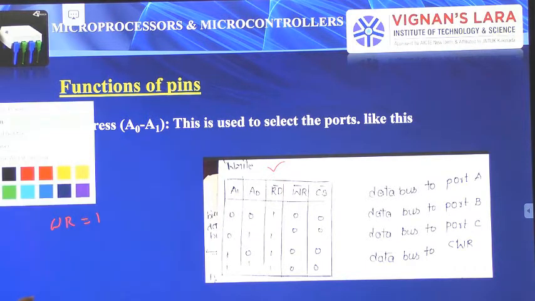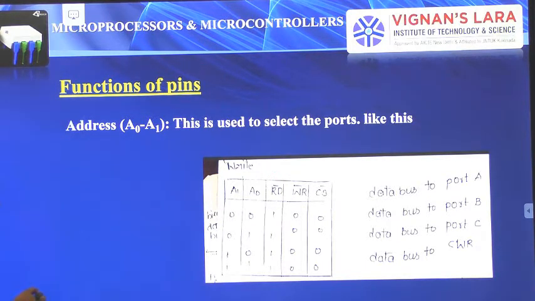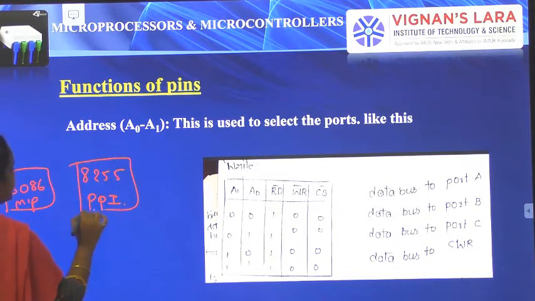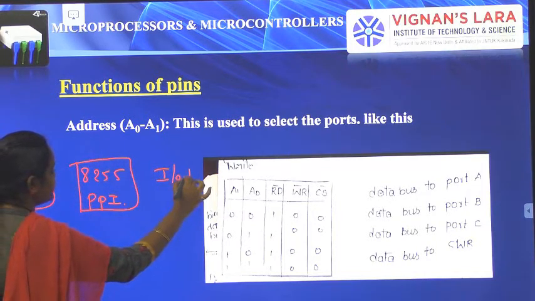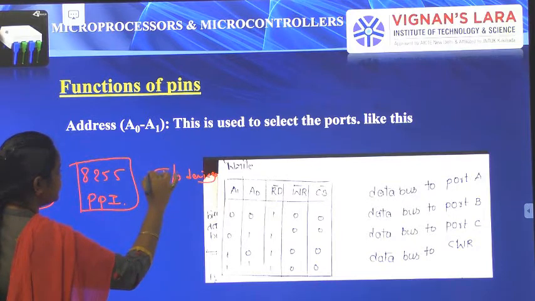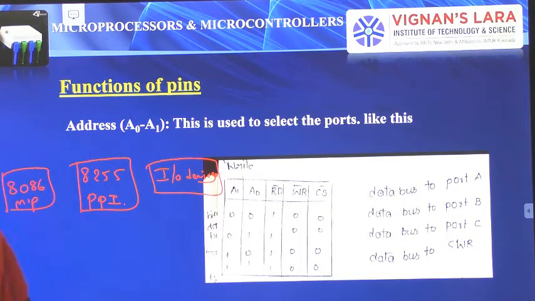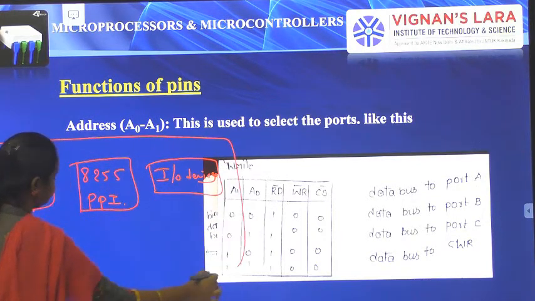See here once again: we have the 8255 PPI, the 8086 microprocessor, and various input and output devices connected to the system bus. This is the total system bus.